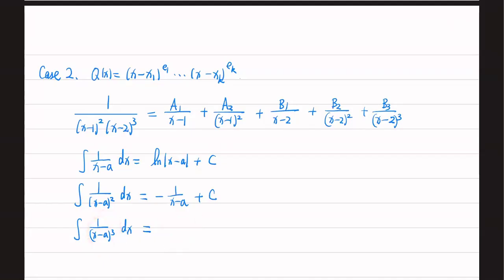So it's x minus a to the negative 3. So x minus a, this power minus 1 goes from negative 3 to negative 2. Okay, that's the first step.